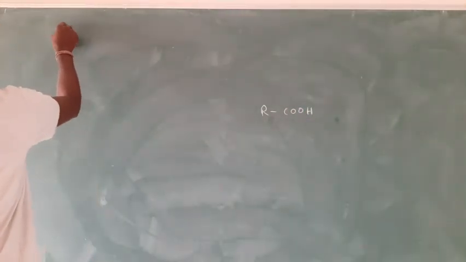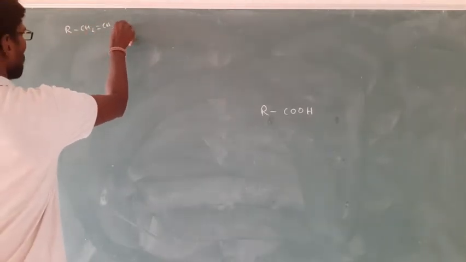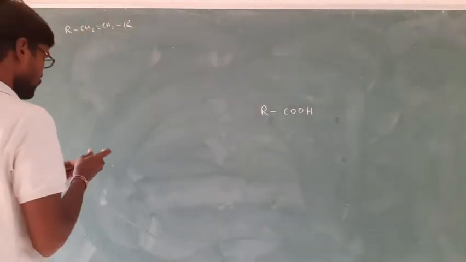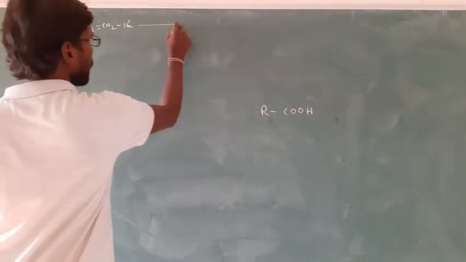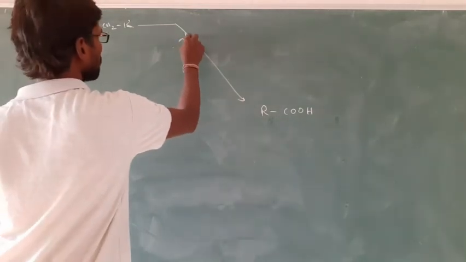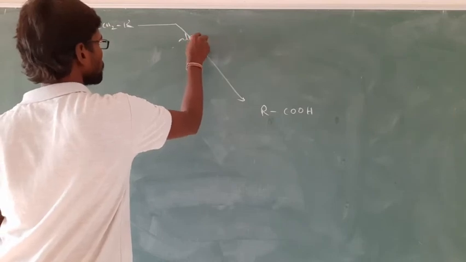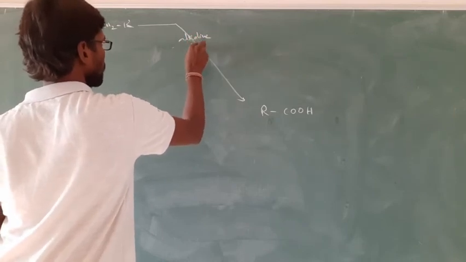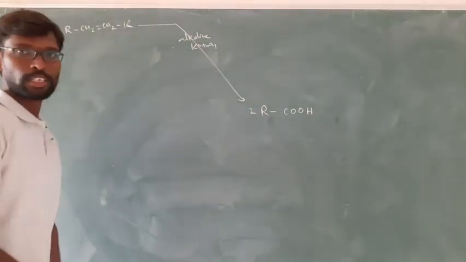From alkenes, I write RCH=CHR, and if you oxidize with alkaline KMnO4, you will get 2 moles of carboxylic acid.